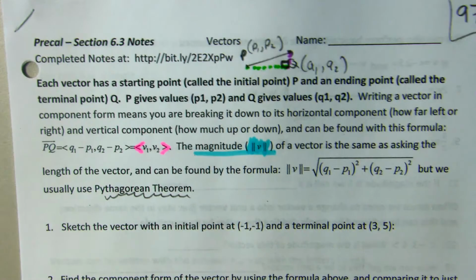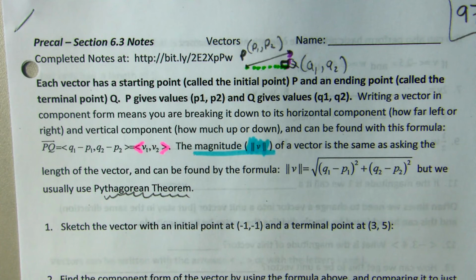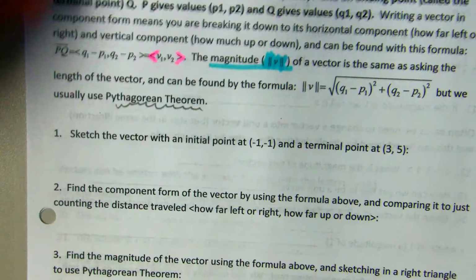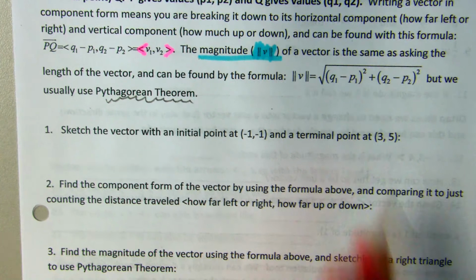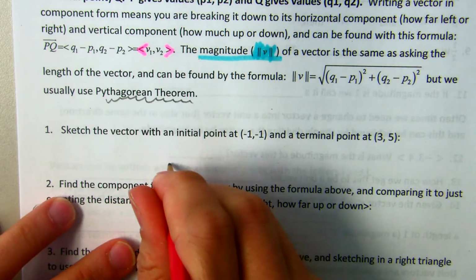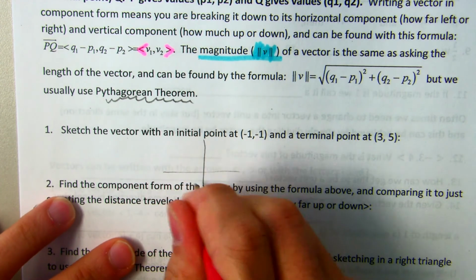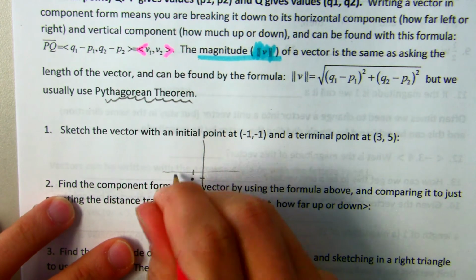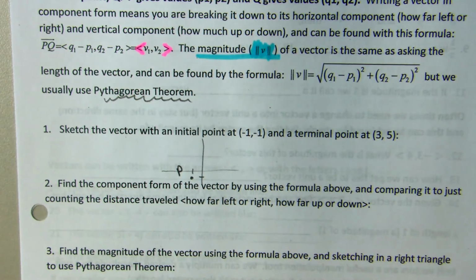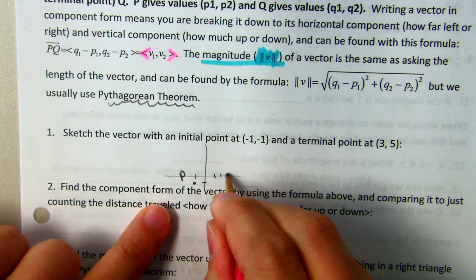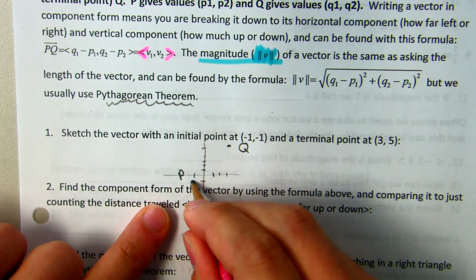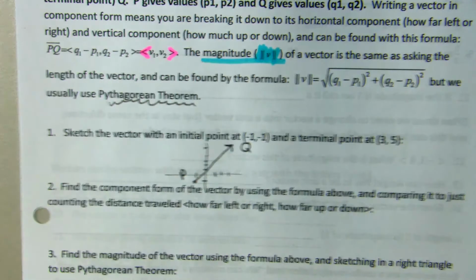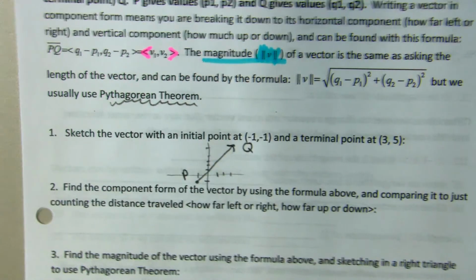Okay, so let's actually make up some numbers and try this out. Sketch a vector that starts here and ends there. Starting point P. Ending point Q. Put the arrow on it so that you can see the direction.